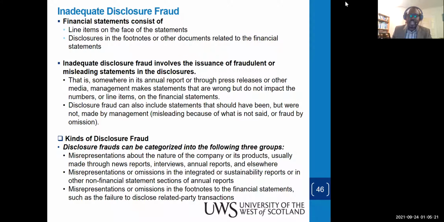So disclosure fraud can also make the statement look questionable. You may not even rely on it, misleading, whether by commission or by omission. That could also cause the whole financial statement to look questionable. Okay, different kinds of disclosure fraud. What are they?